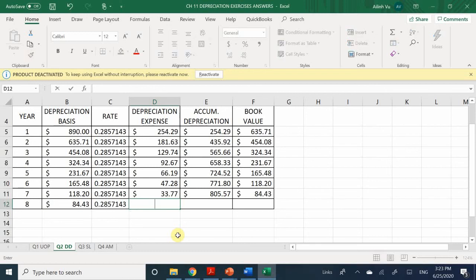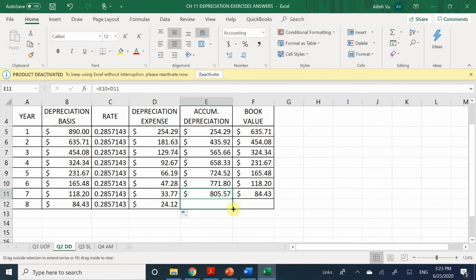So let's just continue. If I were to solve for this, go ahead and help me solve it. What is 84.43 multiplied by that 2/7? What do we get? 24.12. And then when we add it together, what do we get? 109.70.